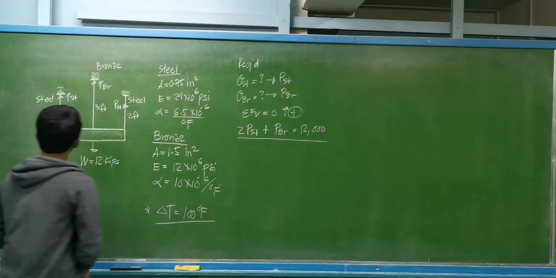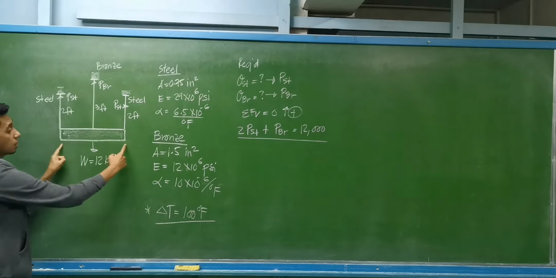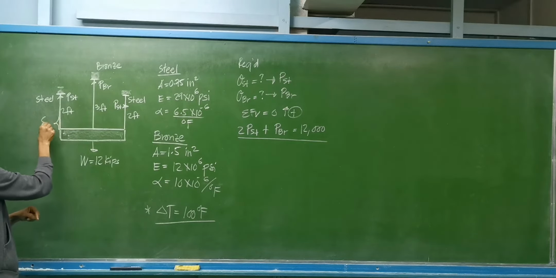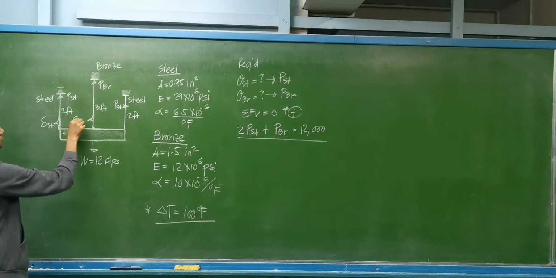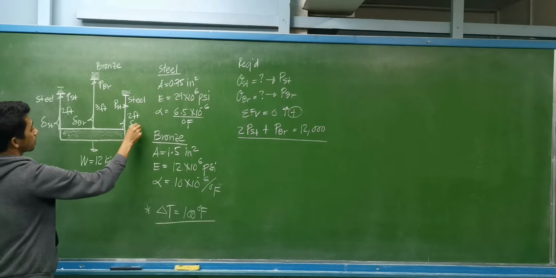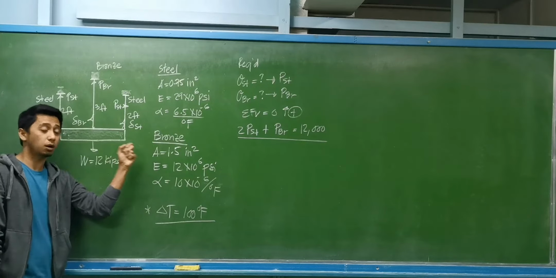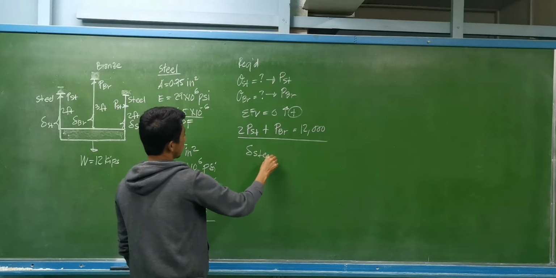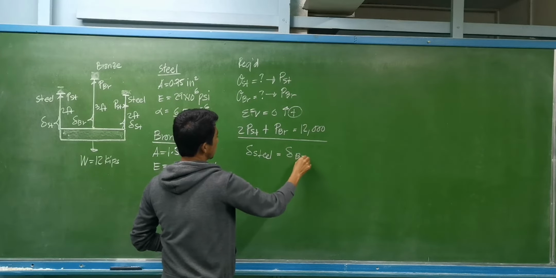For this block to be horizontal, since we have a symmetrical support, there will be a deformation for the steel, deformation for the bronze, the same with this one, deformation of the steel. So for this block to be horizontal, the total deformation of the steel should be equal to the total deformation of the bronze.